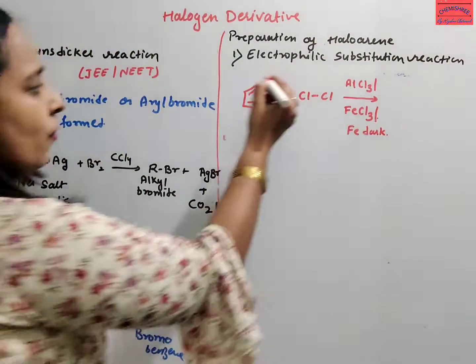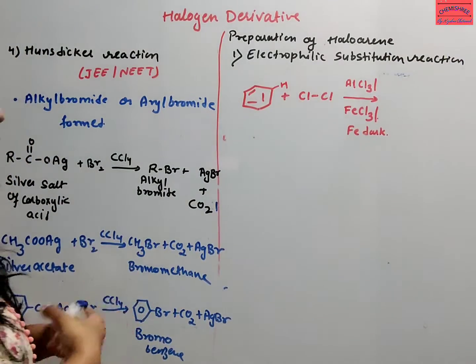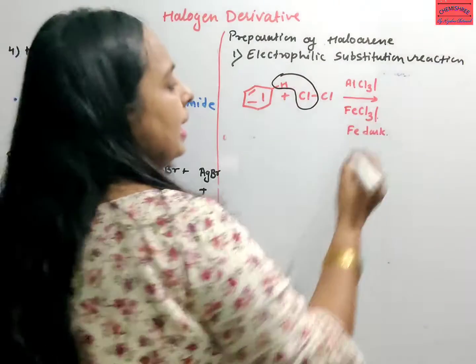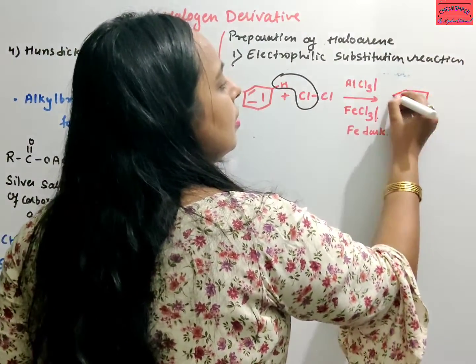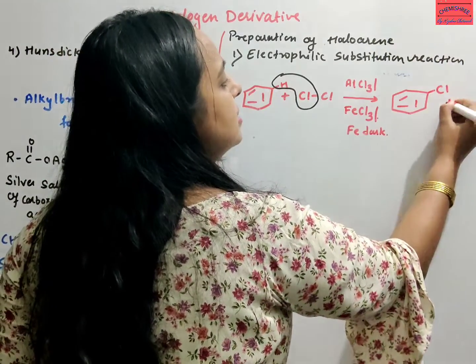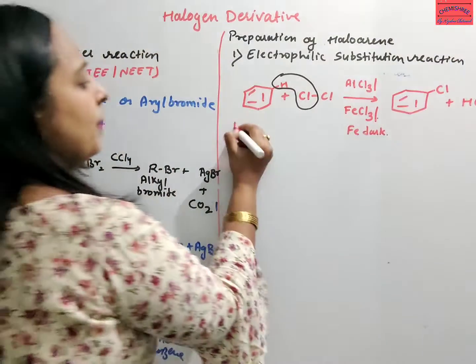So what will happen over here? All the carbon have hydrogen, so there is a removal of this HCl molecule and you will get chlorobenzene plus HCl or bromobenzene plus HCl from benzene.